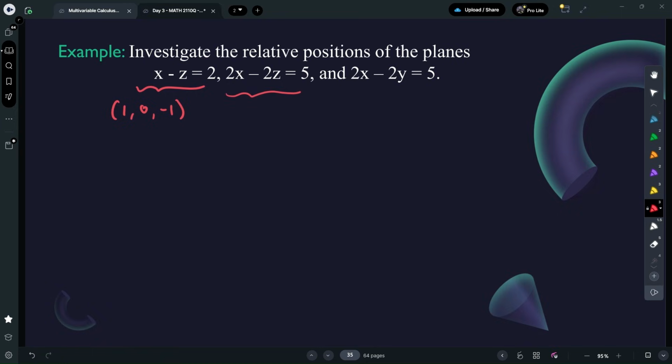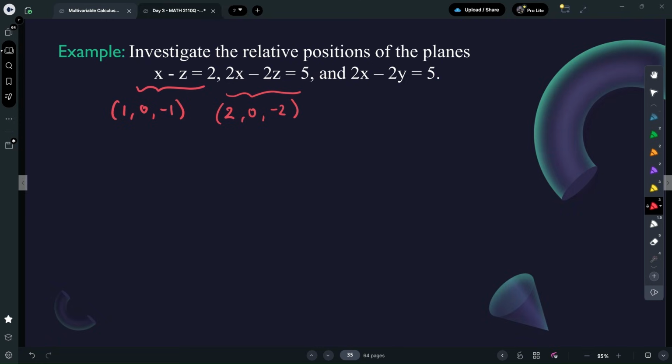The coefficients in this case would be 2, 0, minus 2, and I can see that these two vectors are a multiple of each other. This vector is twice this one. So the first 2 planes are going to be either parallel or the exact same plane.